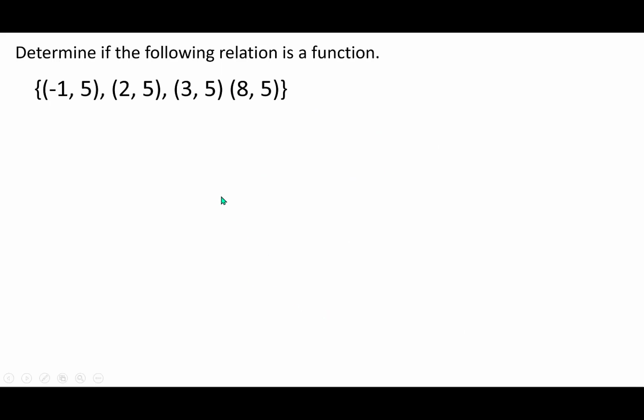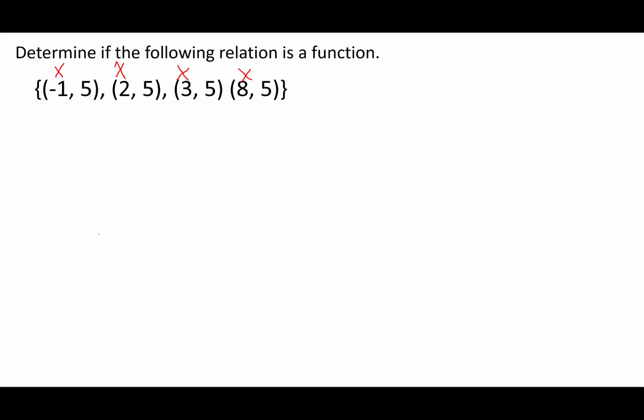So remember we talked that the definition of a function is that every input, so all of these, all of my x's, okay, my inputs, are paired with exactly one output. So we're going to look at our x values. Do I have exactly one of those?